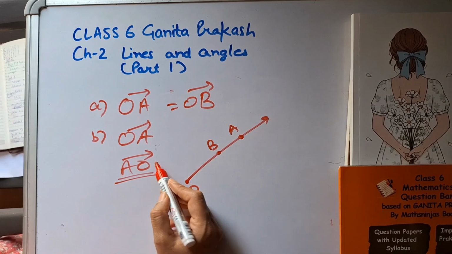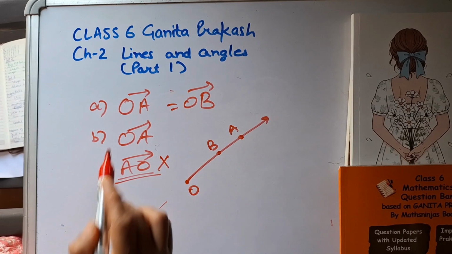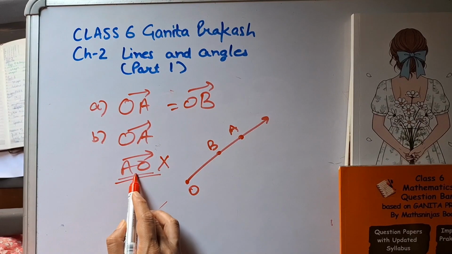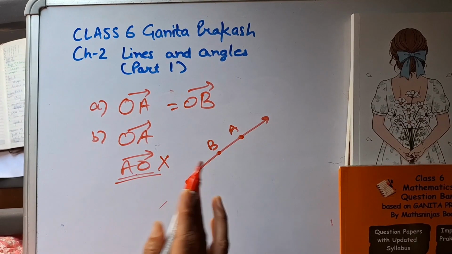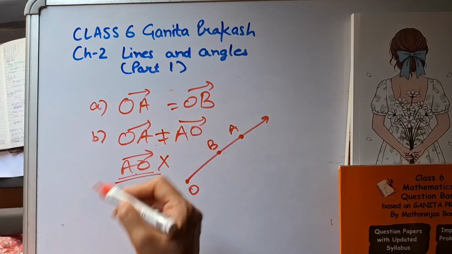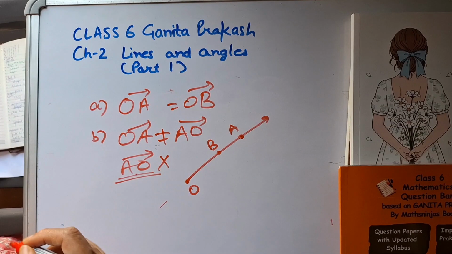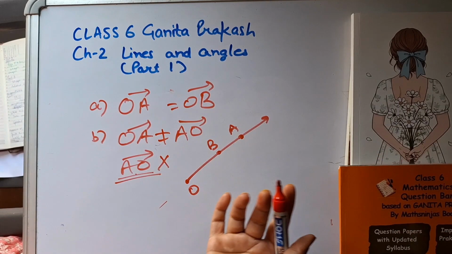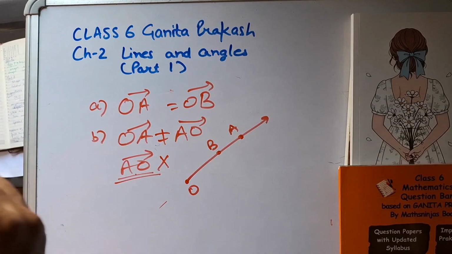But this is not the case. The case is that O is the starting point and A lies somewhere in the path. They are not equal because the starting points are not the same, and they are not in the same path.